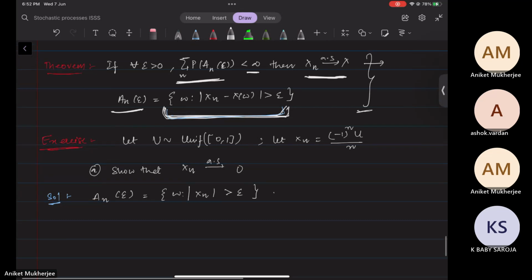What you want to show is that the probability of A_n,epsilon infinitely often equals 0.